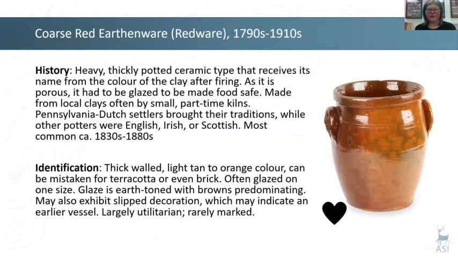This stuff, coarse red earthenware or buff earthenware, was made by people in Upper Canada, often in little part-time kilns. These are people who worked as farmers in the summer and then worked as potters in the winter. It started with some Pennsylvania Dutch. They came up, they brought their traditions with them, but also their English and Irish and Scottish potters. There's French potters as well.